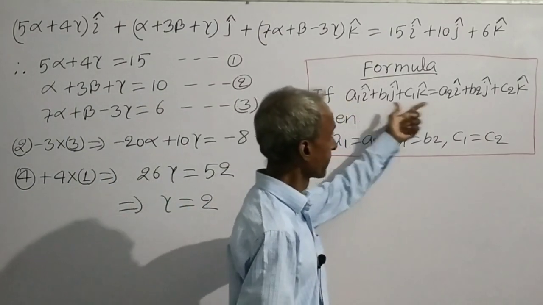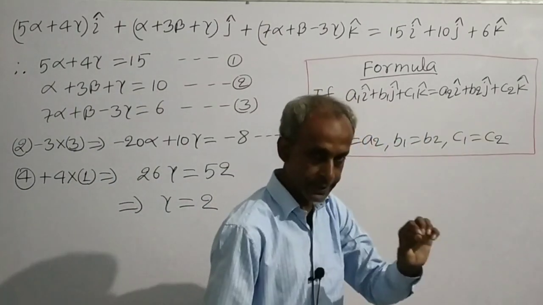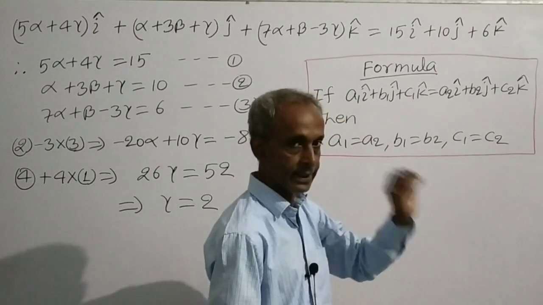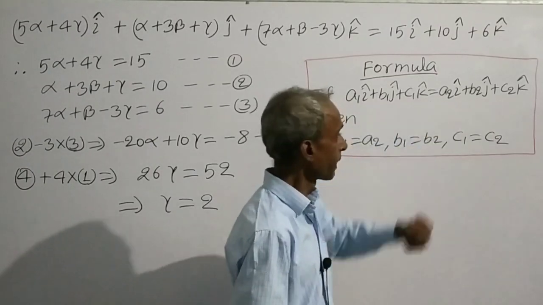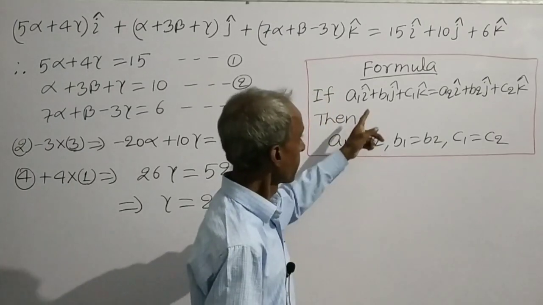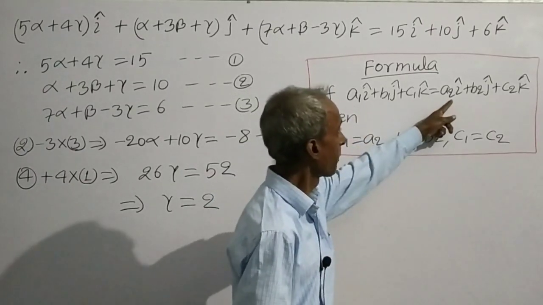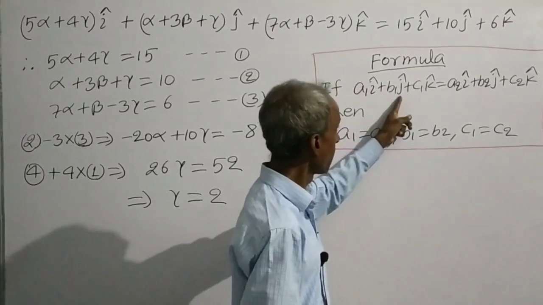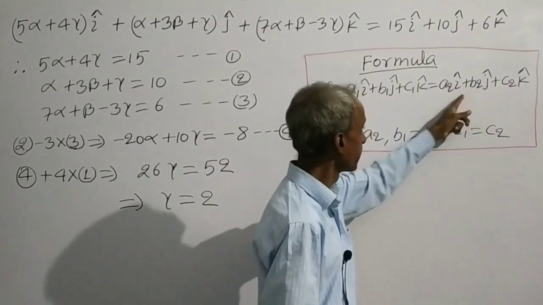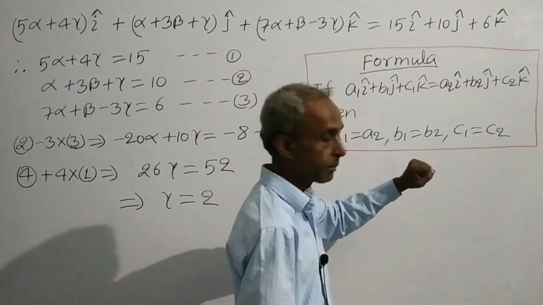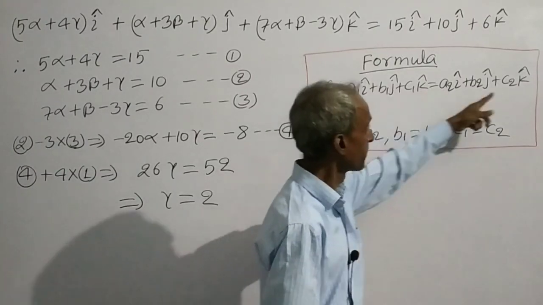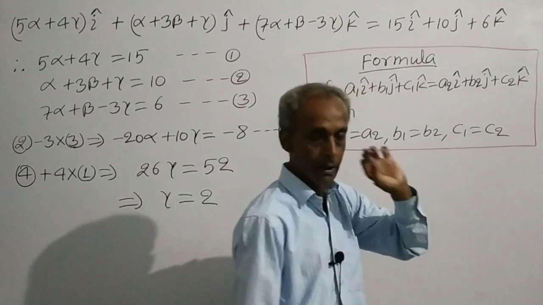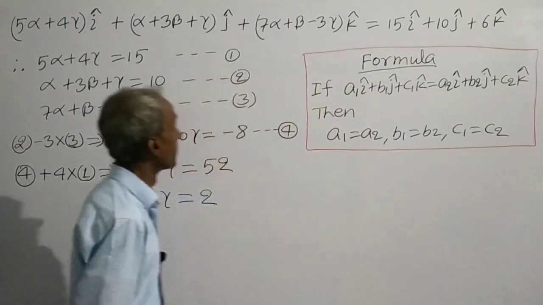If two vectors expressed in terms of IJK are equal, then the coefficient of I in both vectors will be equal, the coefficient of J in both vectors will be equal, and the coefficient of K in both the vectors will be equal.